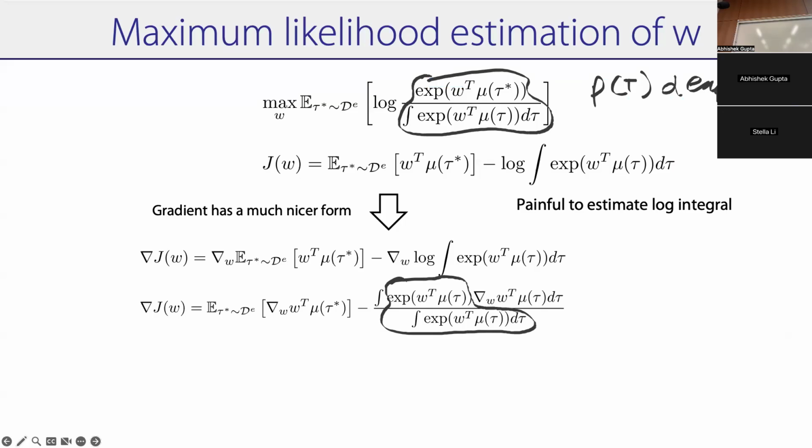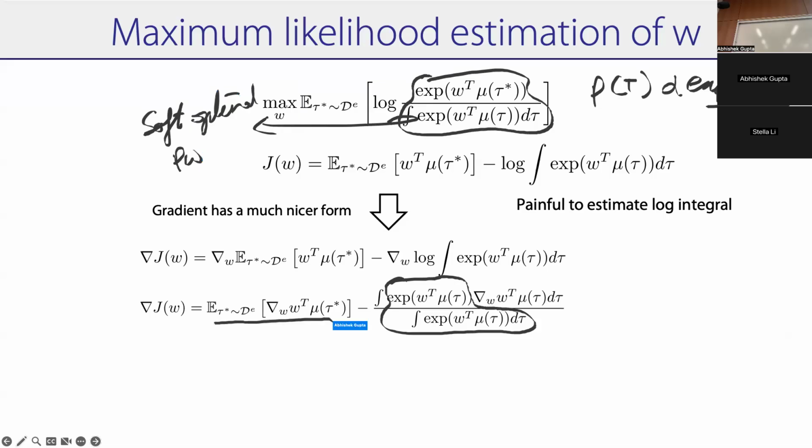Which means that your second term is also an expectation. And your second term is an expectation under the soft, let's call this the soft optimal policy distribution. So it's saying that your first term is going to be expectation of grad w transpose mu. Your second term is going to be minus expectation of trajectories drawn from your soft optimal distribution of grad W transpose mu.